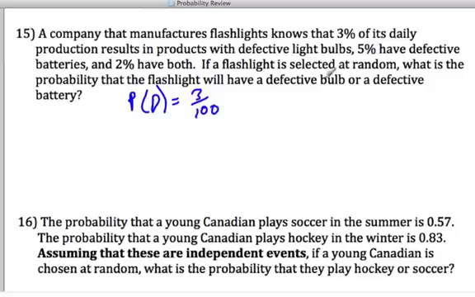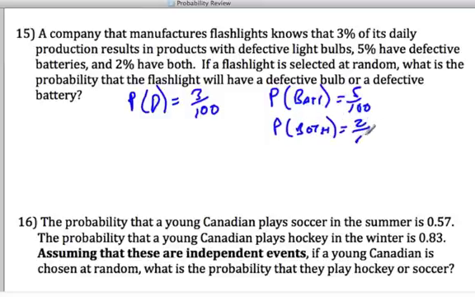And 5% have defective batteries, and 2% have both, or 2/100.